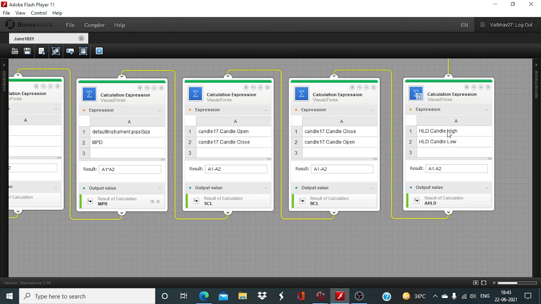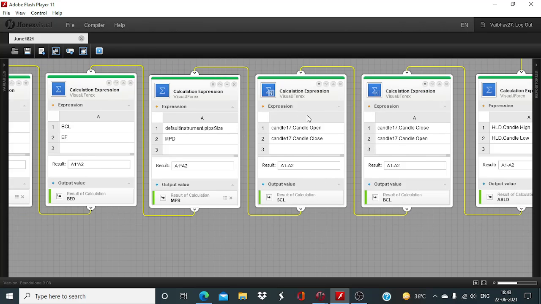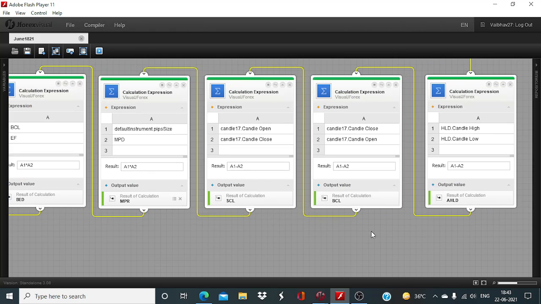The difference between the last 4 hours high and the low is being considered in this calculation, and here is the difference of last hour's candle open and candle close. These two are being defined differently. One is when the last hourly candle goes on to close on the higher side.